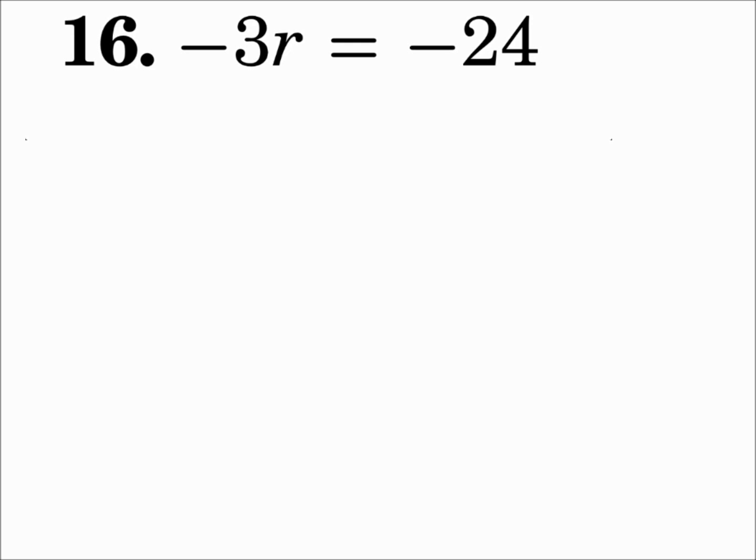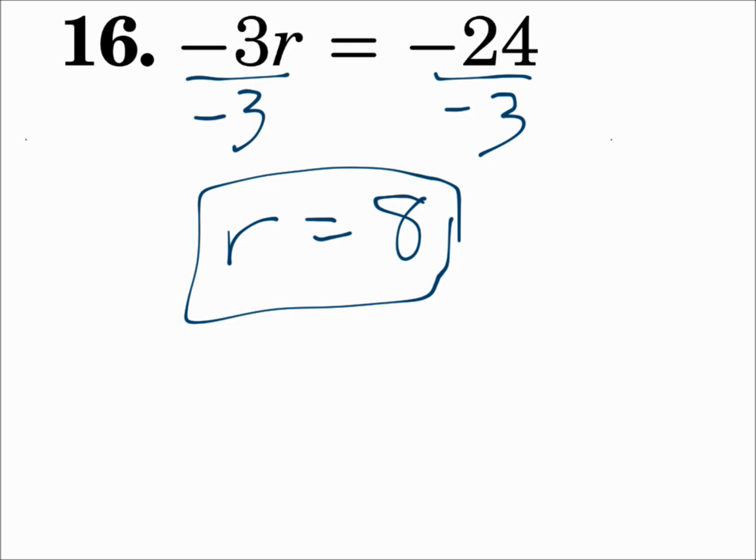Negative 3r equals negative 24. That's negative 3 times r. Do the opposite and divide both sides by negative 3. Negative 3 divided by negative 3 is 1, and 1 times r is r. The negative 3's cancel out, leaving the r by itself. And negative 24 divided by negative 3 is 8.